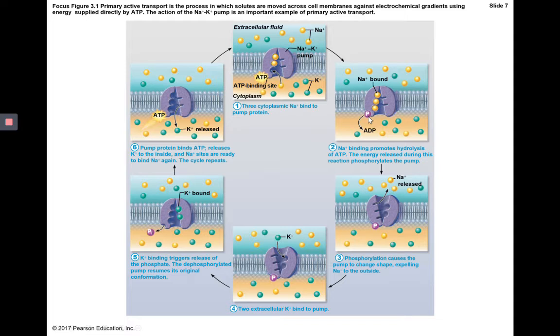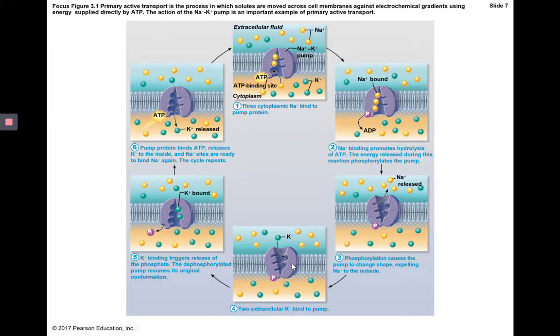That breakdown causes a shape change, and so we will have the pump go from facing inside the cell to facing outside the cell. At that point, it will release its sodium, so it'll release the 3 cytoplasmic sodium out to the extracellular environment. And what will be left of the broken down ATP is a phosphate bound to the pump.